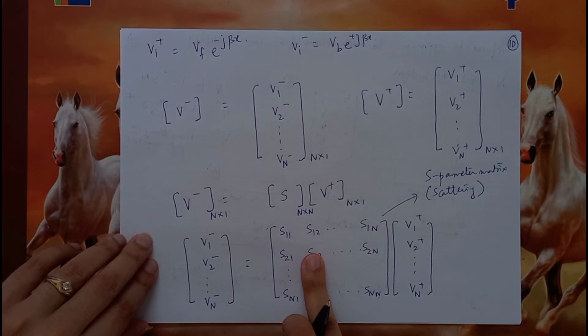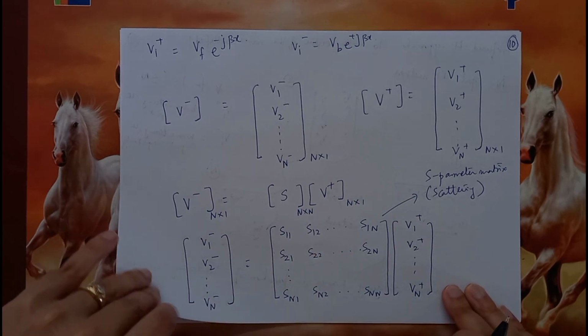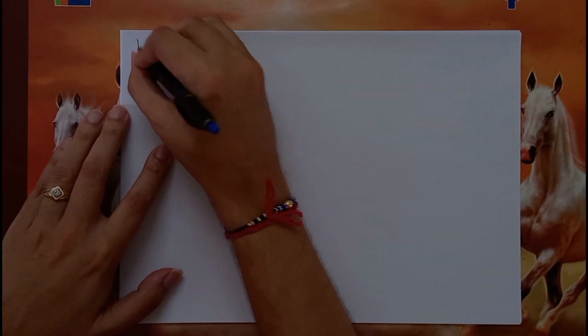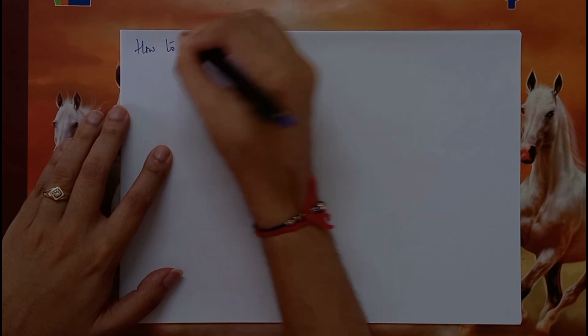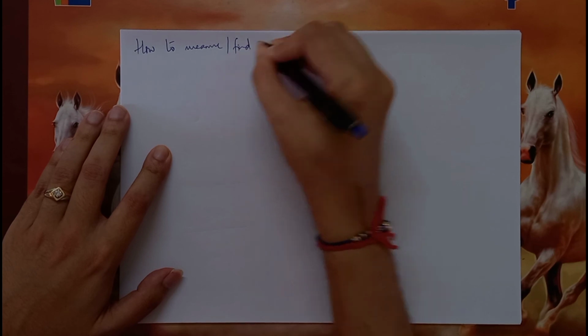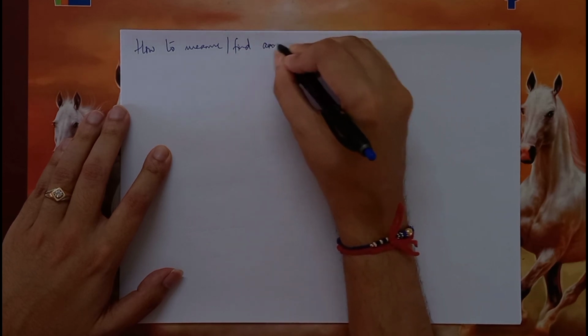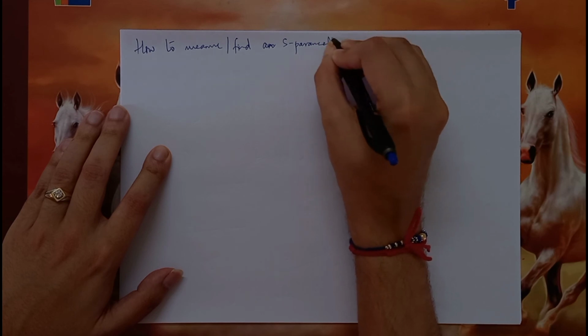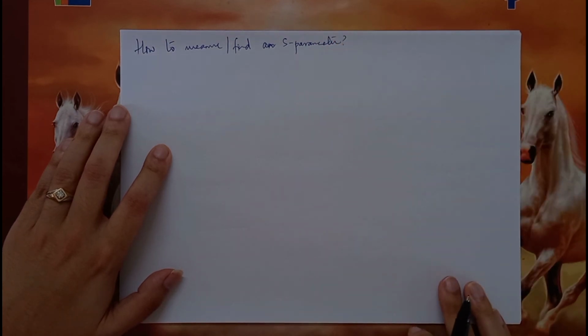From this equation, how do I find out some S parameter? I have an n×n matrix. How to measure or find an S parameter?